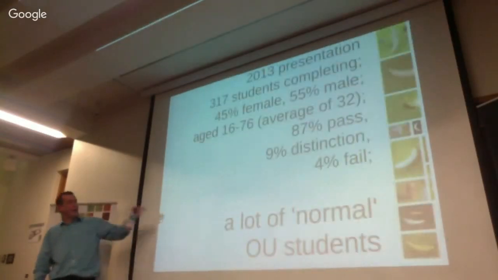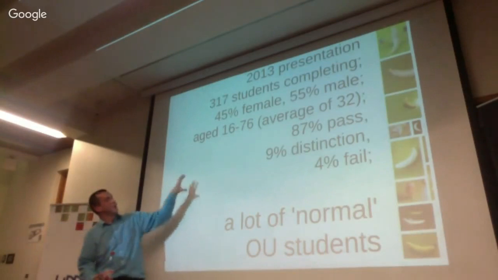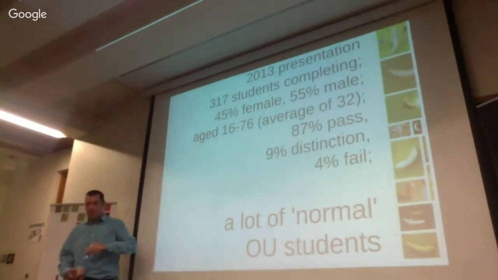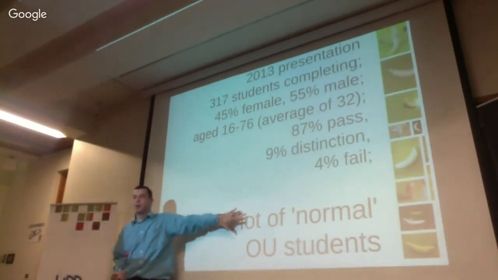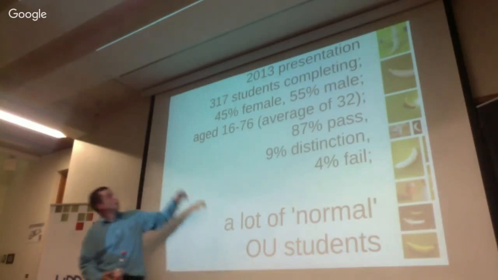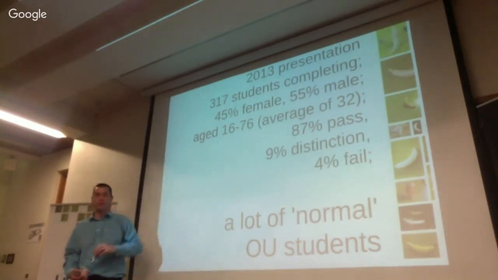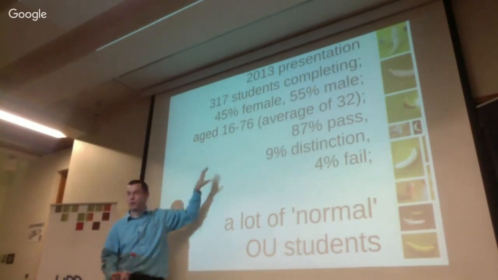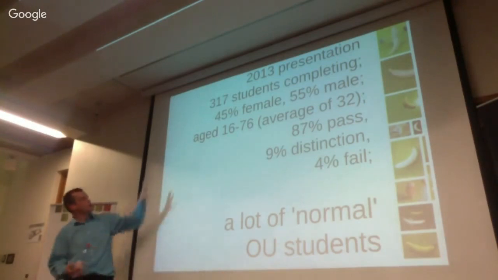So, the presentation that we're looking at, don't worry too much about these numbers. This would be a typical snapshot of one of those U101 Design Thinking courses, one induction, if you like. In this one, we had about 317 students that completed. We have a rough male-female split. It's usually about half and half. This one was slightly off.